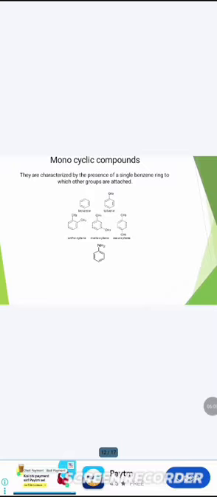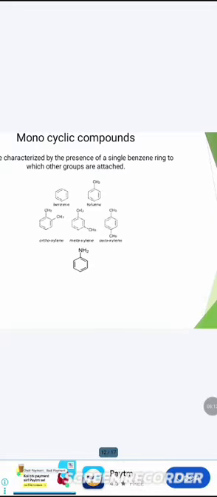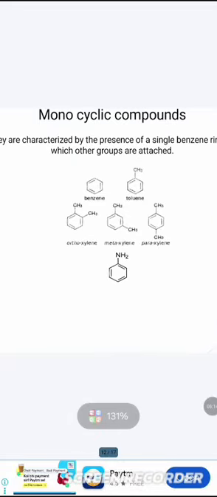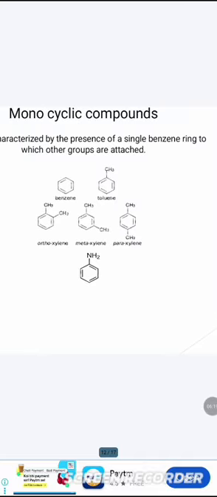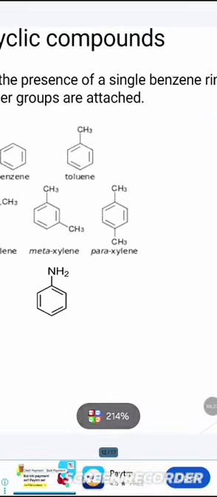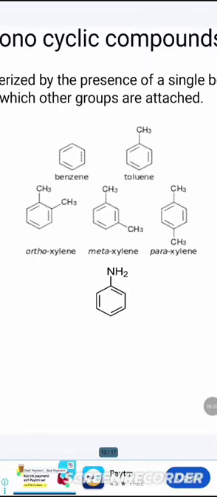The first one is monocyclic. Monocyclic means one benzene ring is present. They are characterized by the presence of a single benzene ring to which other groups are attached. For example, benzene and toluene. In toluene, one CH3 group is attached to the benzene ring.